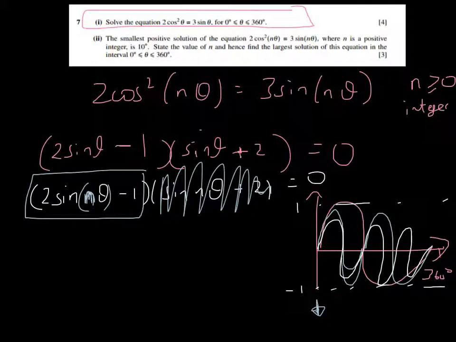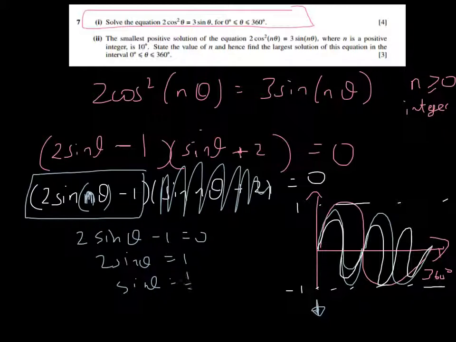What we found before was that when we solved 2 sine theta minus 1 equals 0 and rearranged it, our smallest solution was 30 degrees. And what they're saying now is that the smallest solution is 10 degrees.